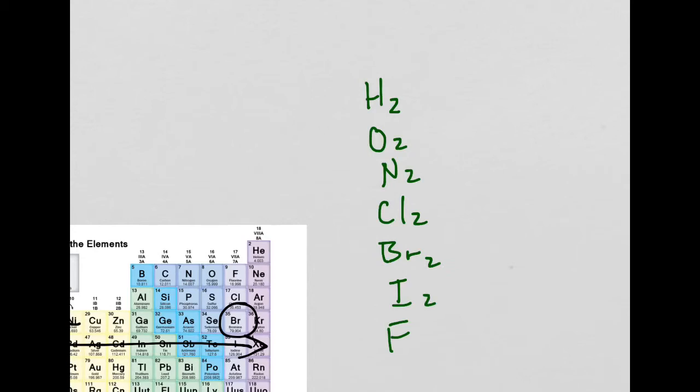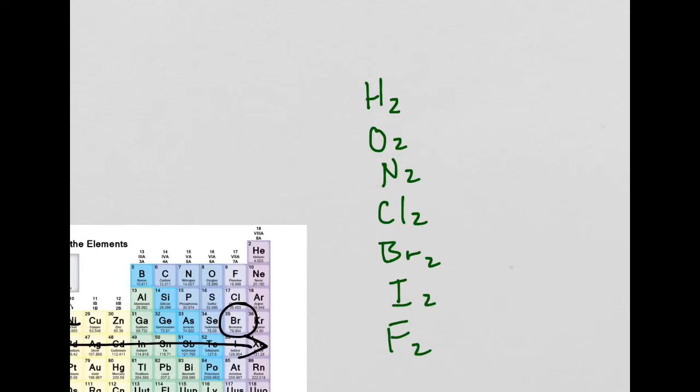But what's very important about these is that hydrogen, and this is what I mean by Hänkelbrief, oxygen, nitrogen, chlorine, bromine, iodine, and fluorine, are all found in nature as what are called diatomic molecules. They're never found individually. You don't find an individual H atom floating around. You always find two of them.